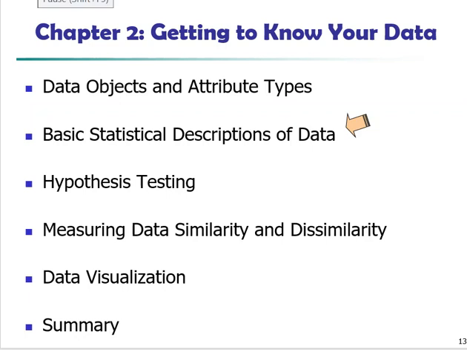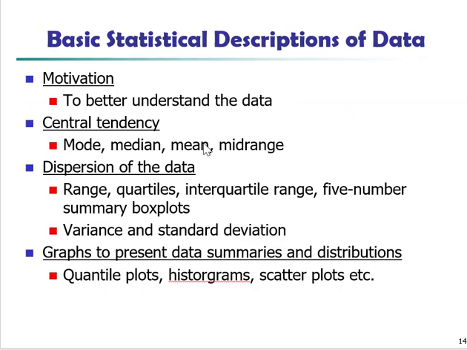The second topic we're going to cover in Chapter 2 is the basic statistical descriptions of data, and we're going to look at those. So we're going to cover measurements for central tendency to see what's the average, the main message the data want to send us.